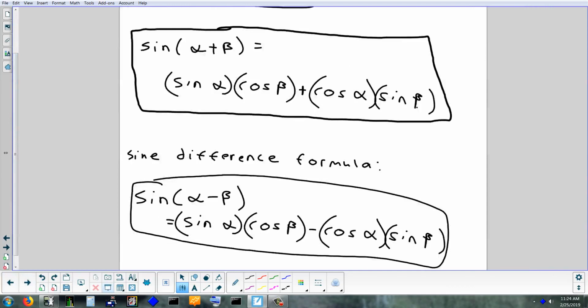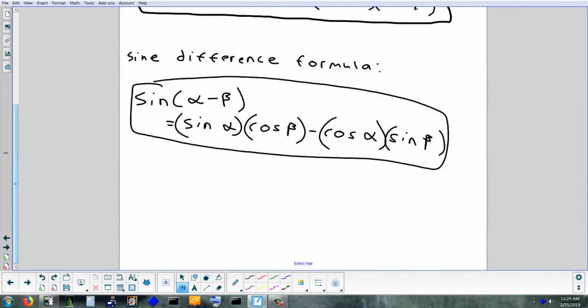All right, so we'll pick one of them. Let's do the difference one. And let's do the sine of 75. Now, my first thought, when I see 75, I think of 30 plus 45.